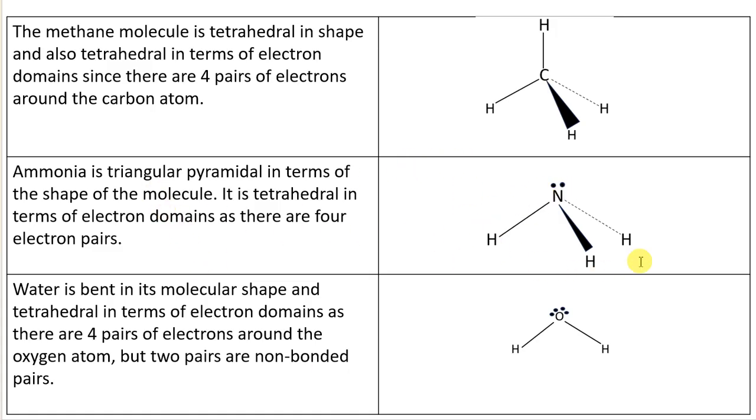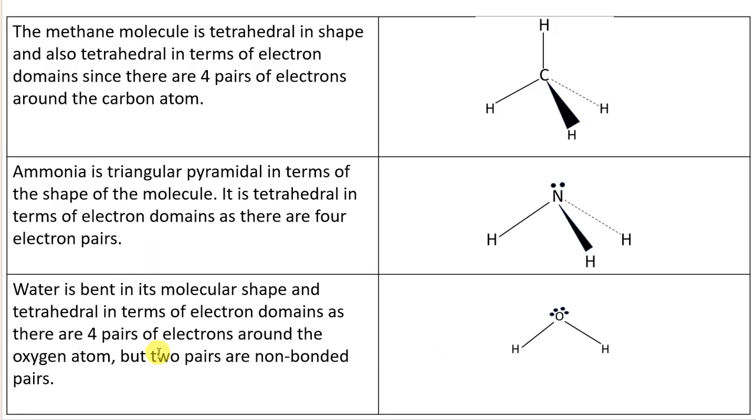Ammonia in the middle, NH3. Triangular pyramidal in terms of the shape of the molecule, but still tetrahedral in terms of electron domains. There are 4 electron pairs.